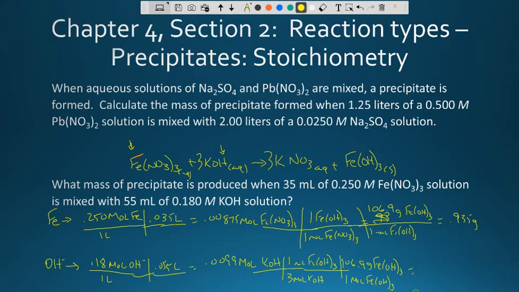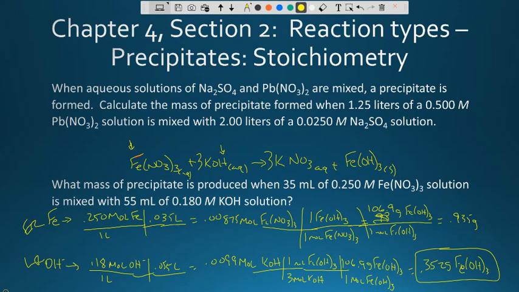Okay, so that will end up giving me only 0.352 grams of iron 3 hydroxide. You always should label. I know it's a time-consuming step in there, but we want to make sure we do all those things. This then would be my limiting. This would be my excess reagent. You don't have to label that, but that helps to figure out those next steps.